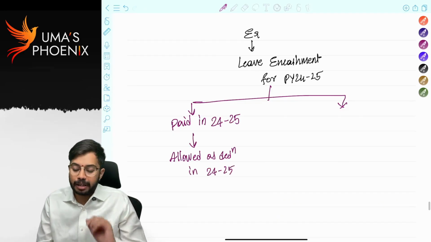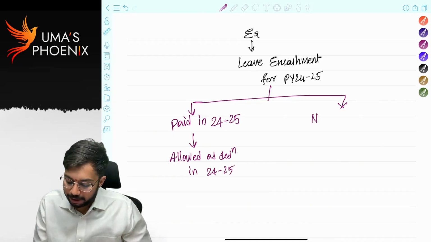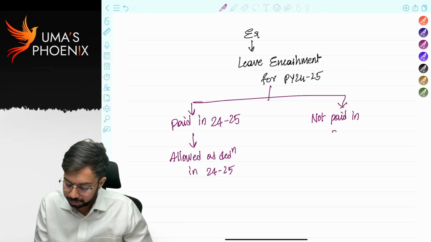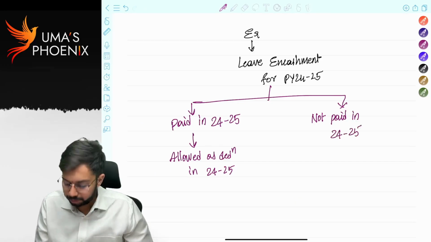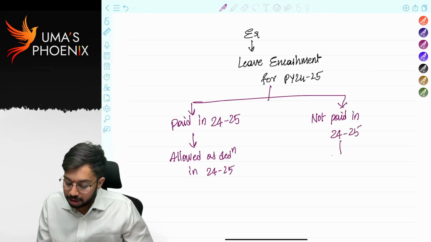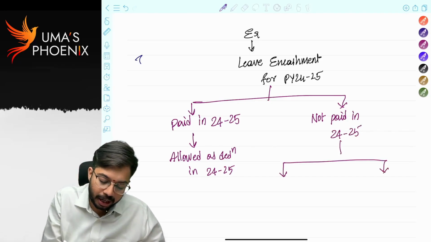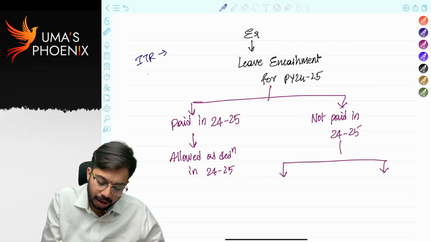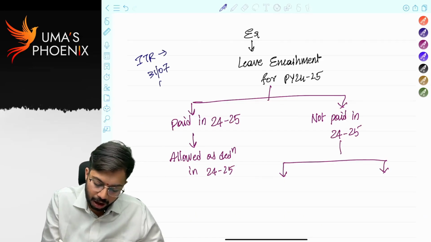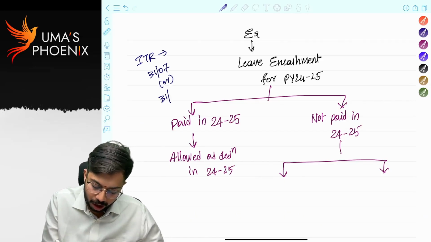If leave encashment is not paid in 24-25, then what is the ITR due date? Generally, ITR due date is 31st July or 31st October of assessment year, correct?